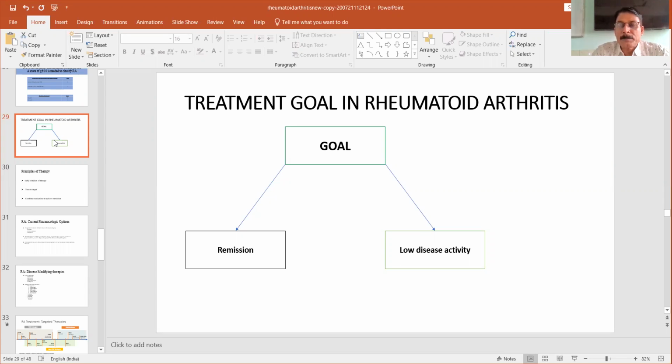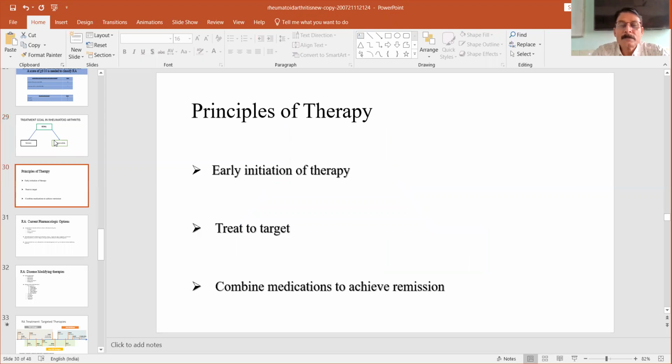If there is more fatigue, more problems, at least you are assisting him by giving medicine so that his disease activity is lower. If remission is good; if not possible, at least reduce the disease activity so that he can have a better quality of life. But eradication as such is not possible with the armamentarium available with us.